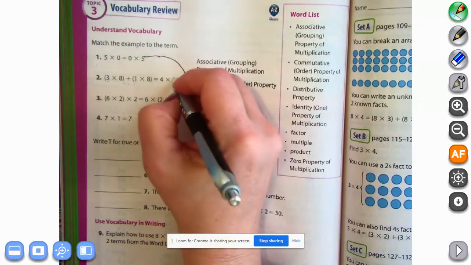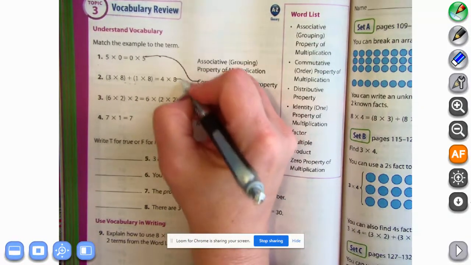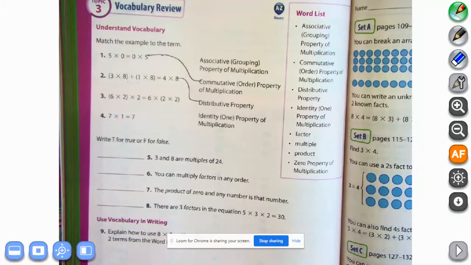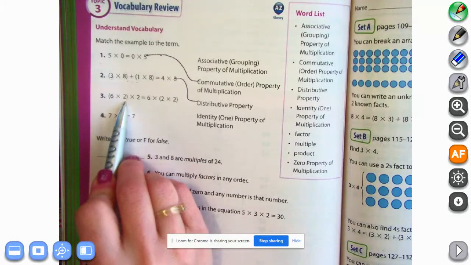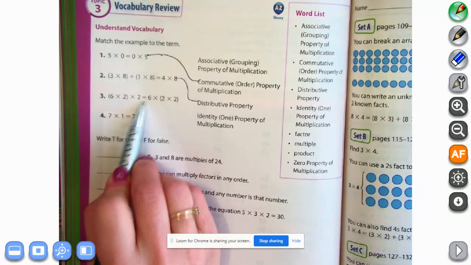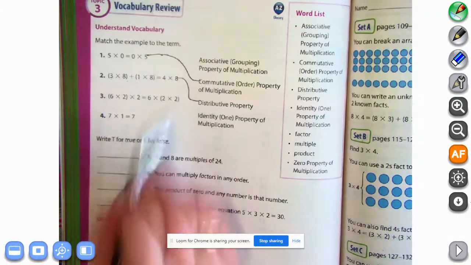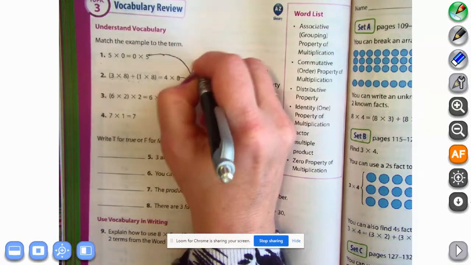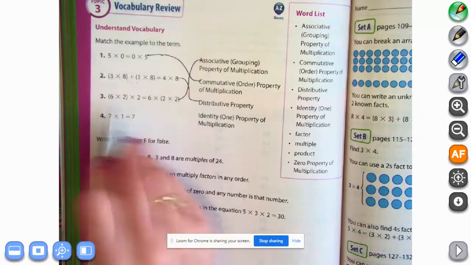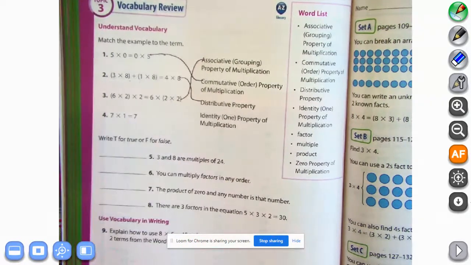That one's the distributive property. Okay, 6 times 2 is equal to 6 times 2 times 2. That would be the one we just learned, the associative. We can group them and still get the same answer.